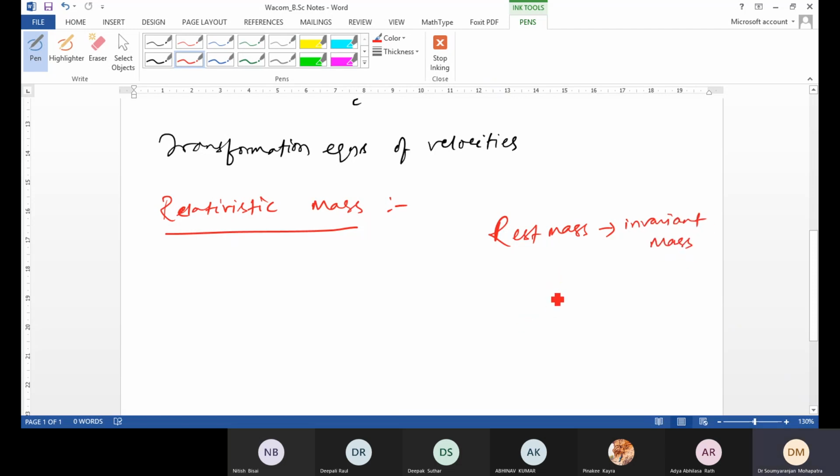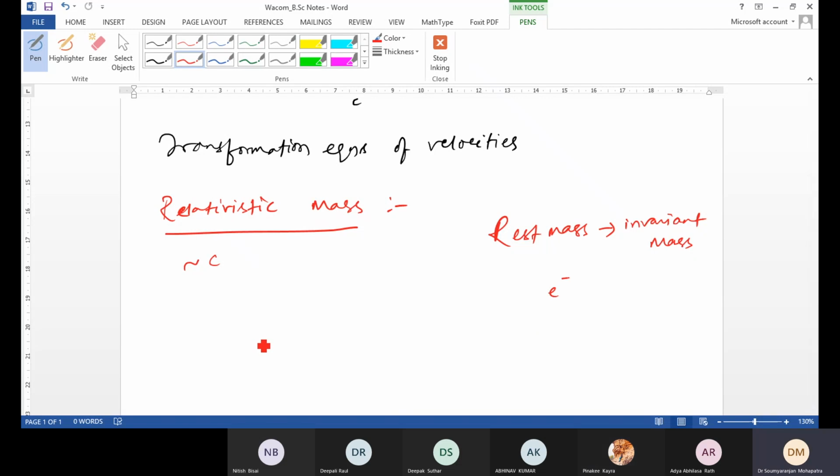If you take the example of an electron moving inside the atom, we can consider relativistic mass, relativistic velocity, relativistic energy. That means this word relativistic will be used whenever a particle is moving close to the speed of light. Understood? Yes, sir.